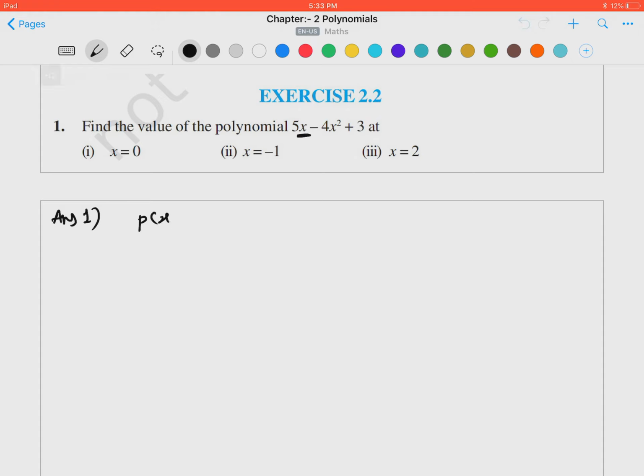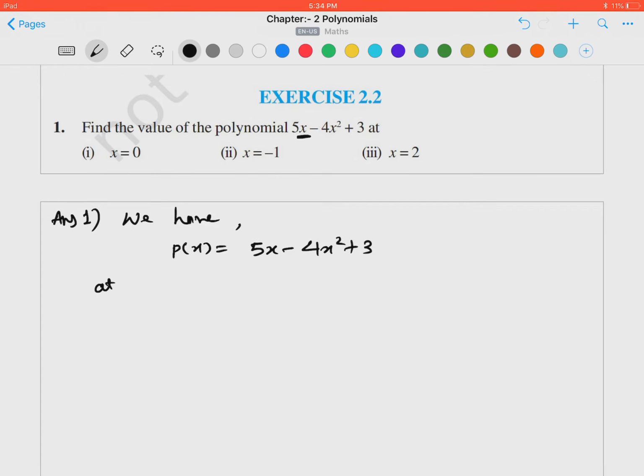So p(x) equals 5x minus 4x square plus 3. This is our given polynomial. We have to find its value at 3 different values of x. The first value of x is given, so I'll write at x equals 0.